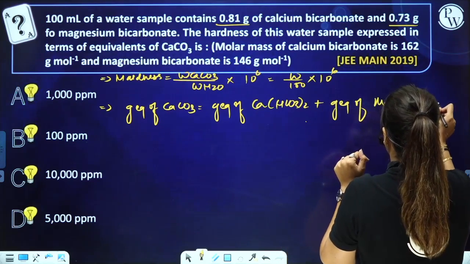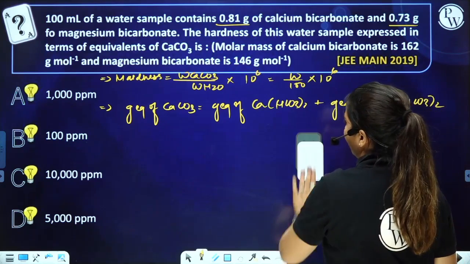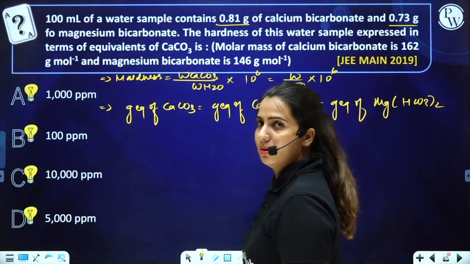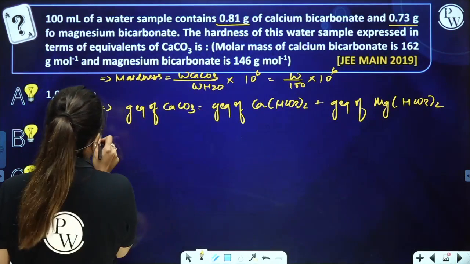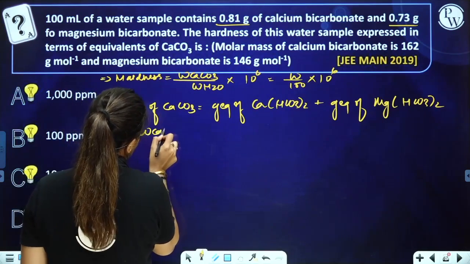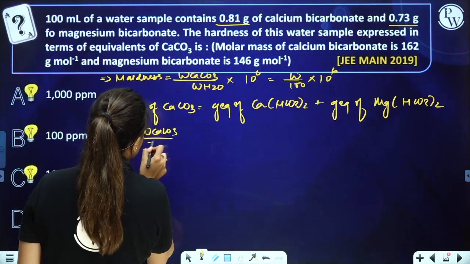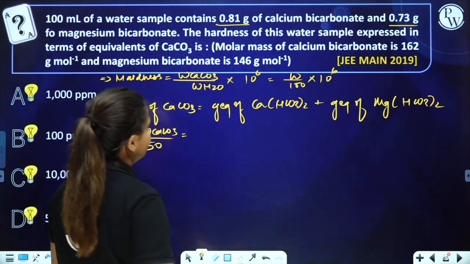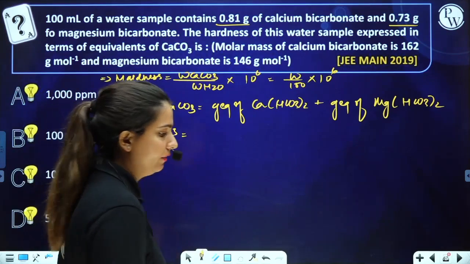So these two you have to take. So you will have weight of calcium carbonate divided by 50, as the equivalent weight of calcium carbonate is 50, that is 100 divided by 2.